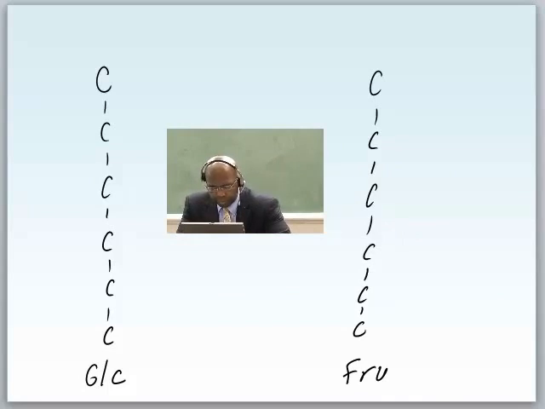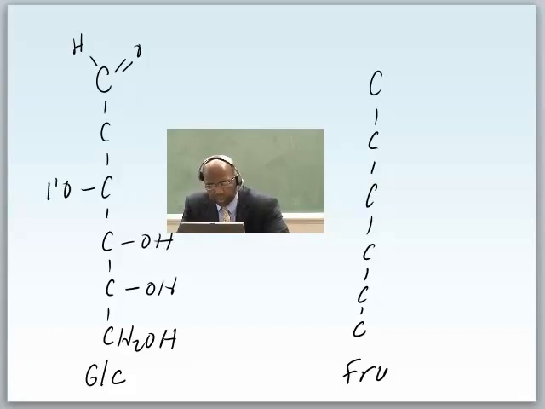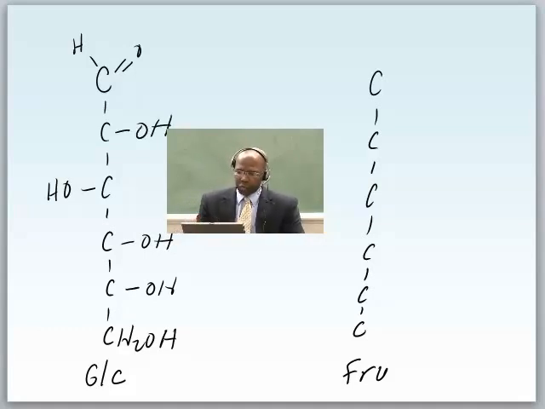So glucose is CH2OH here, and then we have an aldehyde up here. And for fructose, OH, OH, and only 3 is here, and then OH. So the structure on the left is going to be glucose.